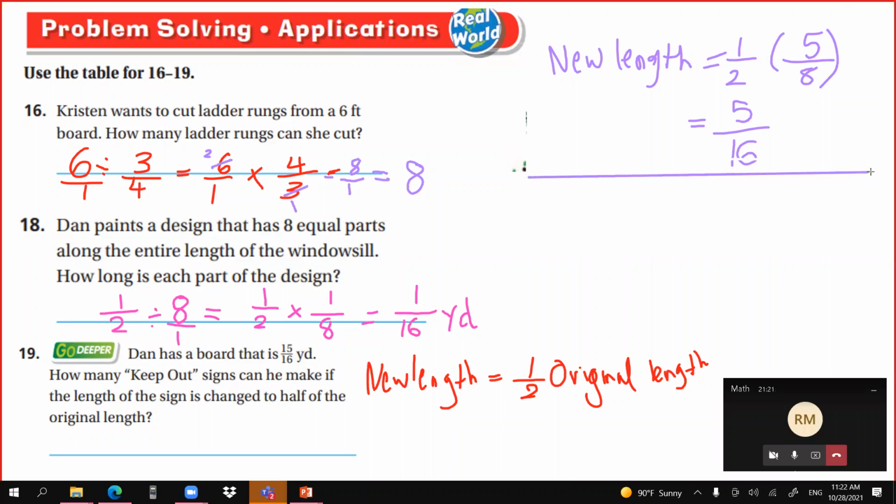What by what? 15 over 16 by 5 over 16. The length of the board that you have divided by the length of the sign. Continue now. What do you have to do now?